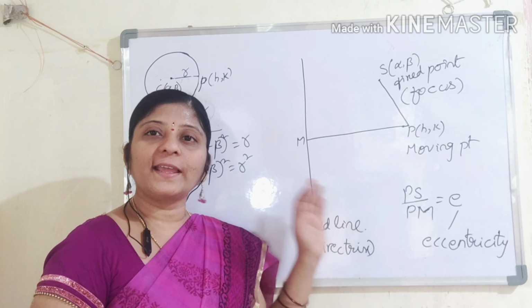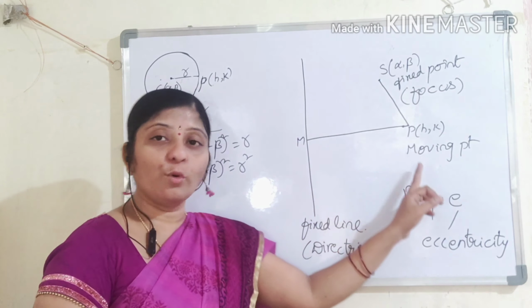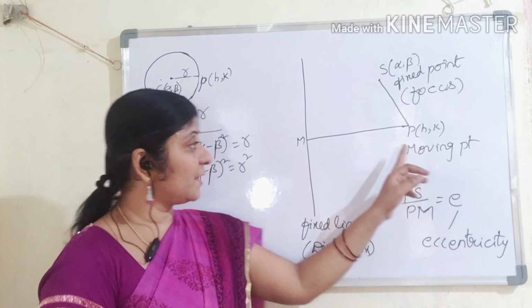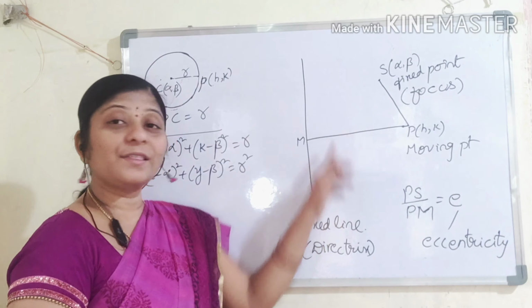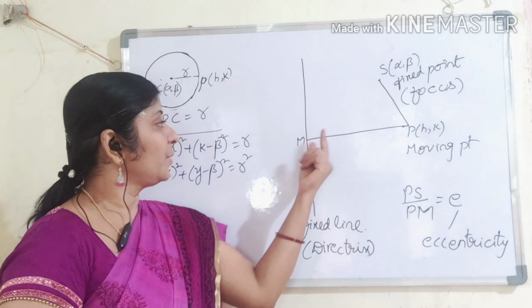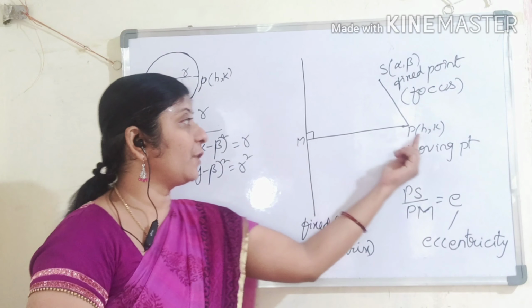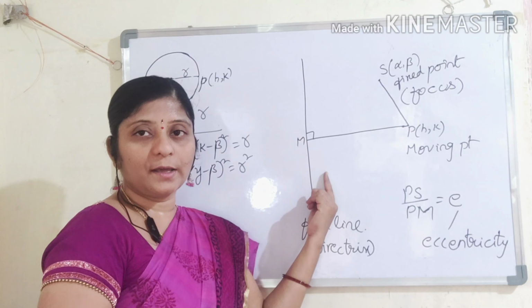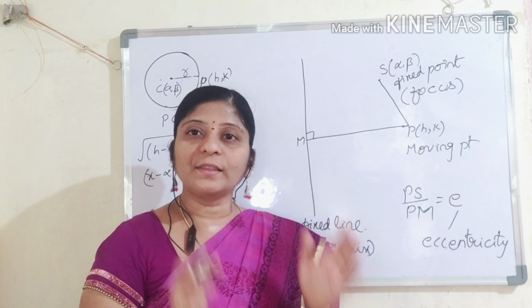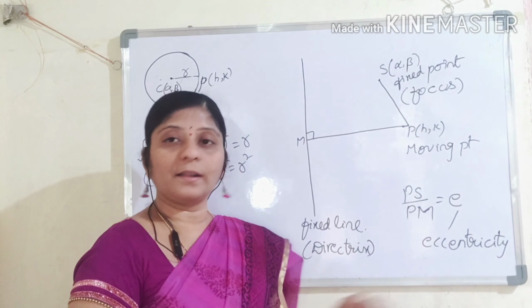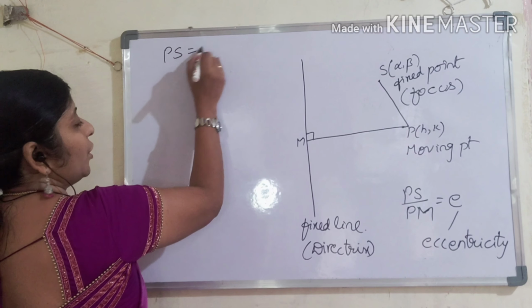The conic section is a locus of all points whose distance from a fixed point, to its perpendicular distance from the fixed line, remains constant. This constant is called eccentricity. PS by PM is equal to E. We have PS is equal to E times PM.